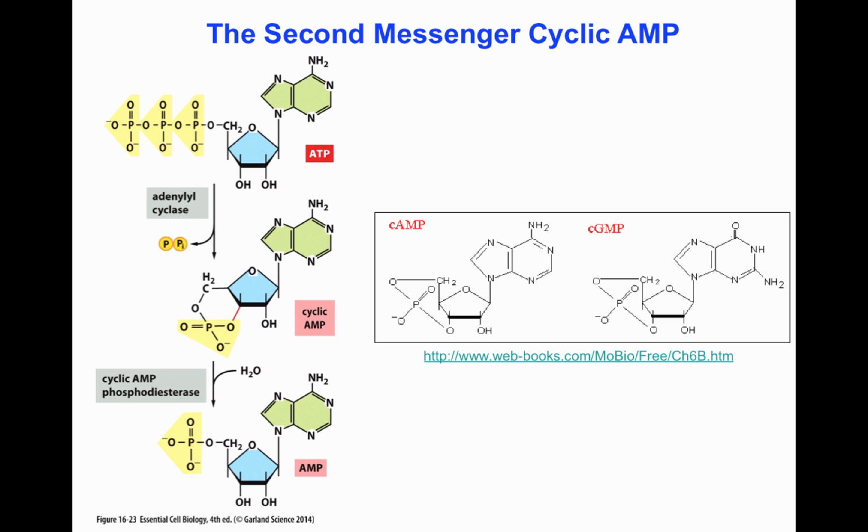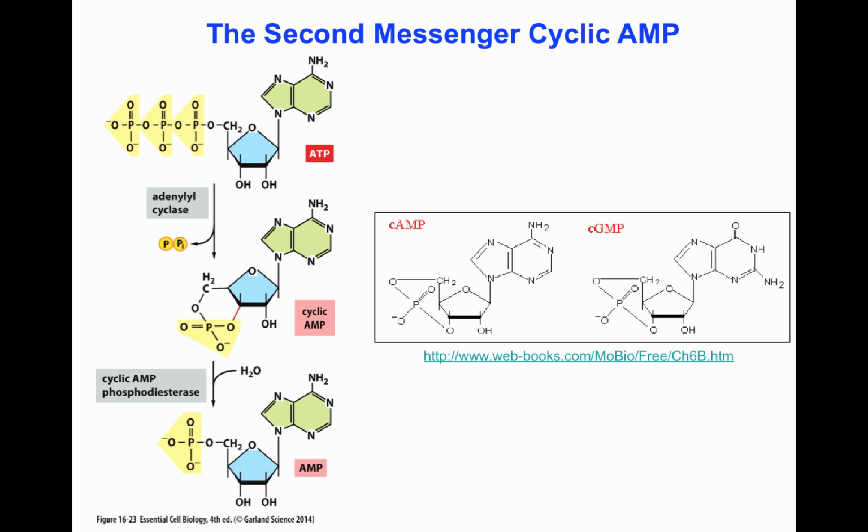So the first secondary messenger that I want to introduce you to is cyclic AMP. Cyclic AMP is generated by the enzyme adenylyl cyclase. Adenylyl cyclase will be able to take ATP and remove a pyrophosphate, that means the 2 phosphates at the very end of the ATP molecule, to generate an AMP molecule, which also then gets circularized.